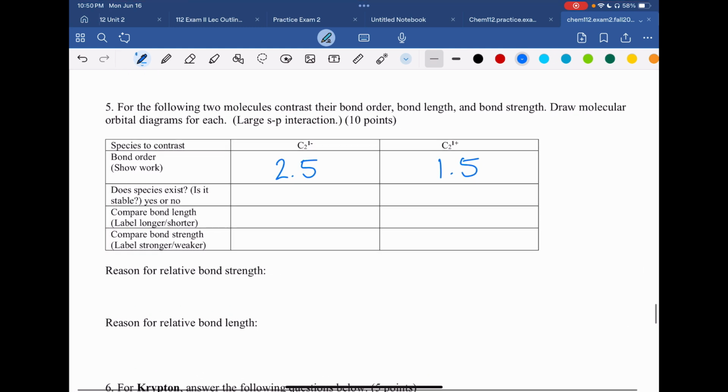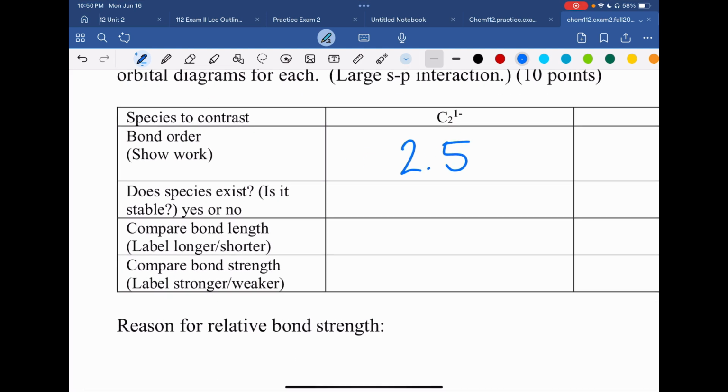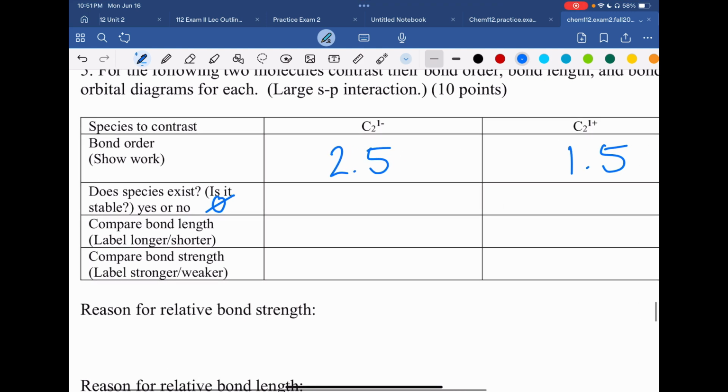Does this species exist? In order for something to not exist, the bond order must be 0. So if you get a bond order like 2.705, or a bunch of decimals, technically it still exists.